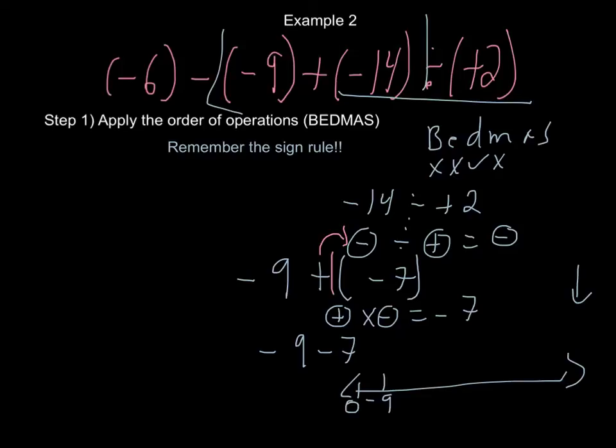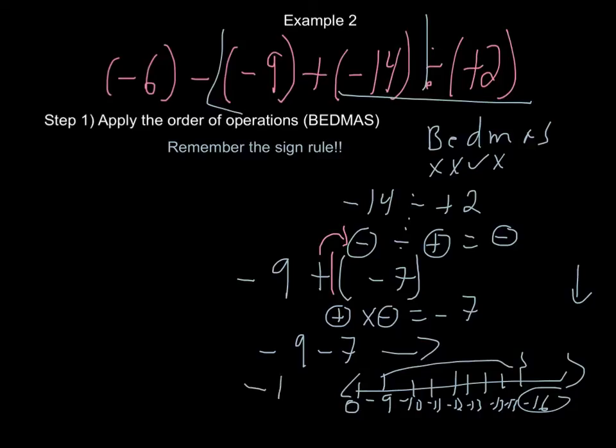So I'm subtracting, it's actually moving that way on the number line. So I've got to move it 1, 2, 3, 4, 5, 6, 7. And when I look at it, this would be negative 10, negative 11, negative 12, negative 13, negative 14, negative 15, negative 16 is where it would end up. So that means I've actually got a negative 16.